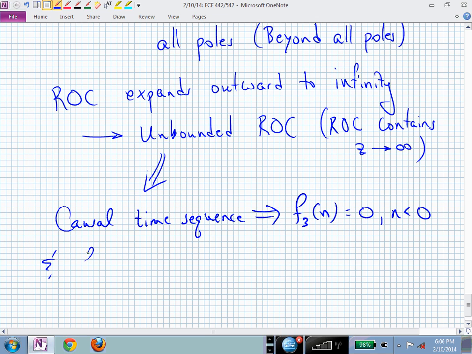And we can have non-zero f sub 3 of n for non-negative n. So f sub 3 of n can be non-zero for n non-negative.